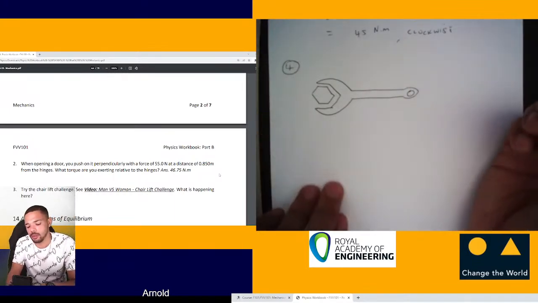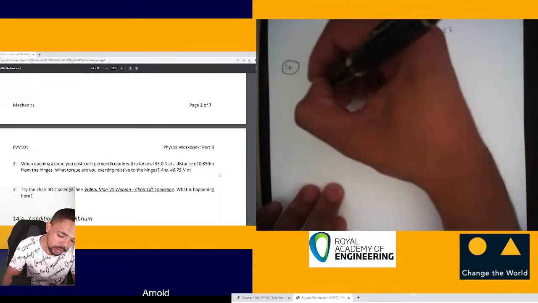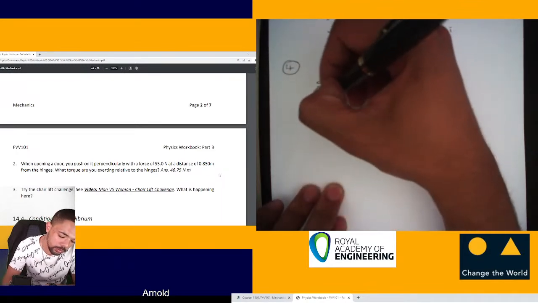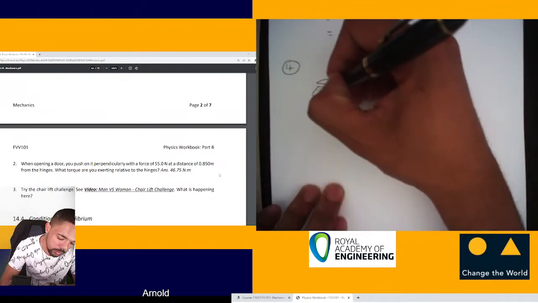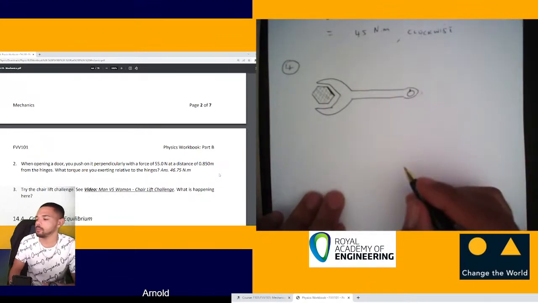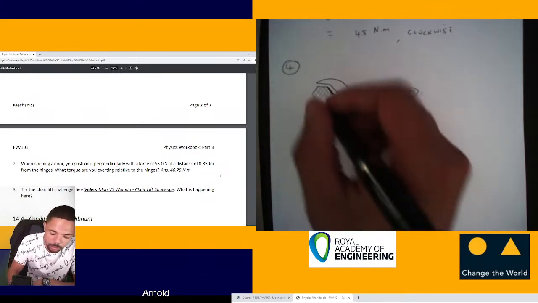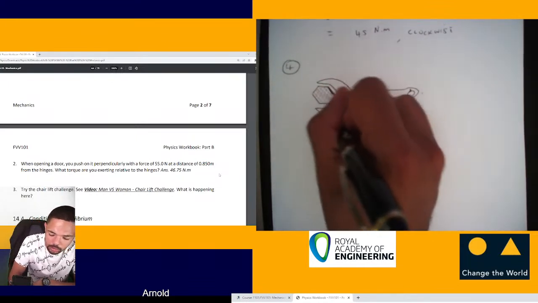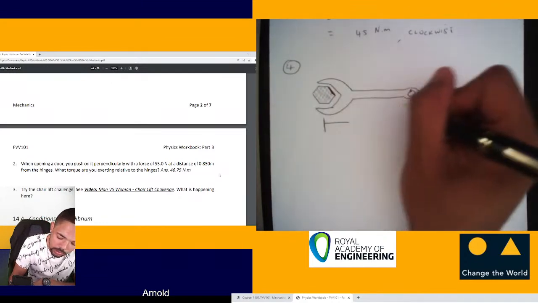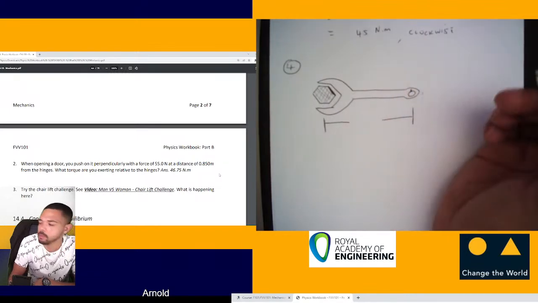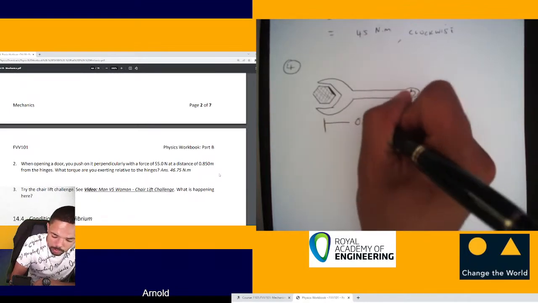So there we have a spanner trying to loosen a bolt. It is a terrible drawing, but we are not interested in the drawing at the moment. We are interested in the problem it provides us. So it's acting at a distance of 0.28 meters.